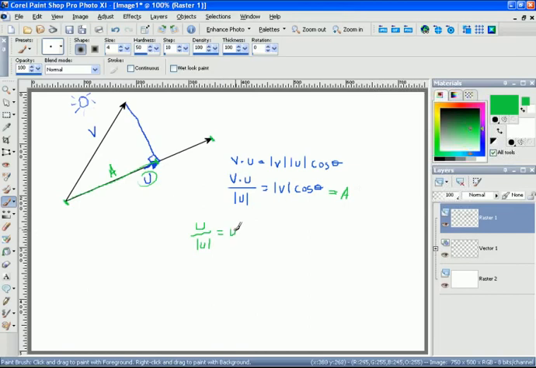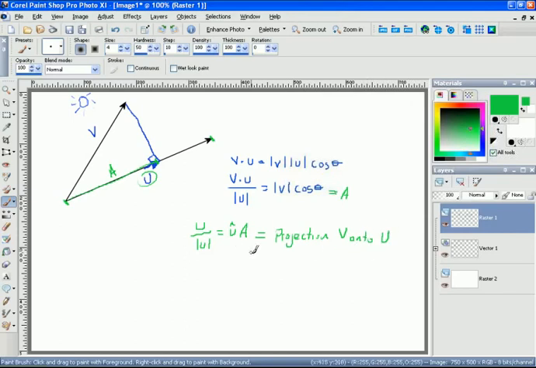This will give us the unit vector of u. If we take the unit vector and multiply it by A, that gives us our result. This will give us the projection of v onto u.